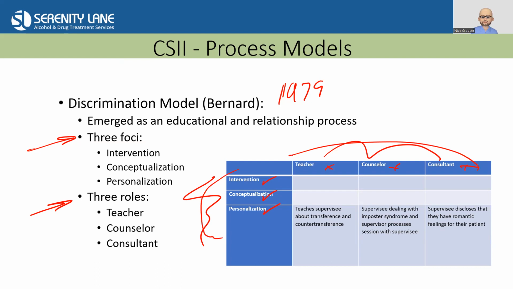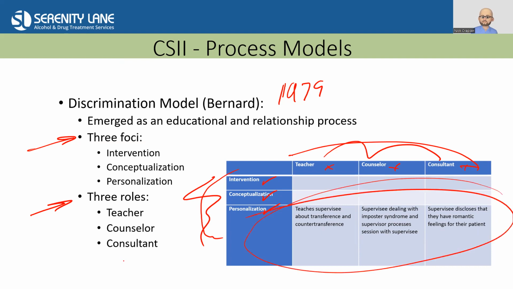And so as an example I gave, here is an example of how you could have this in supervision. So your role as a teacher in this particular example, but as far as a focus of being personalization, the teacher teaches the supervisee about transference and countertransference.